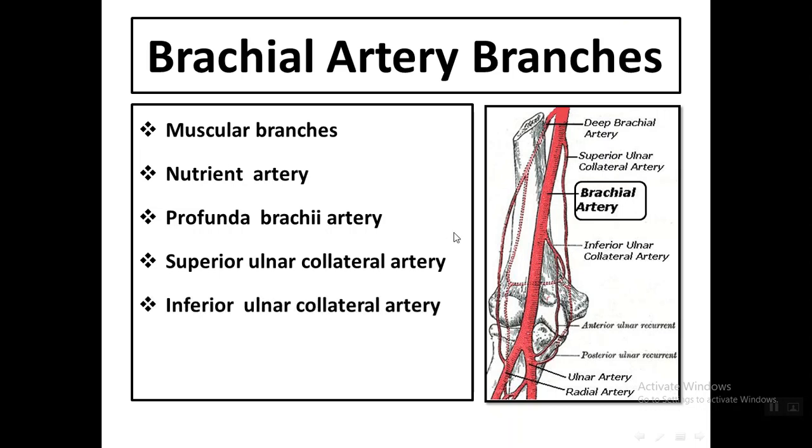These two arteries share in the anastomosis around the elbow joint. And lastly, we have two terminal branches, the radial artery and the ulnar artery. This is the brachial artery dividing at the neck of the radius into two terminal branches, the terminal branches of the brachial artery. So we have muscular branches, nutrient artery, profunda brachii artery, superior ulnar collateral, inferior ulnar collateral, and the radial and ulnar arteries, which are the two terminal branches.